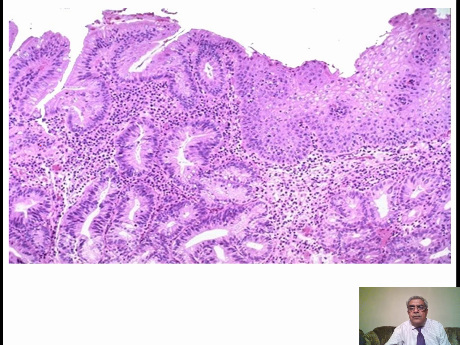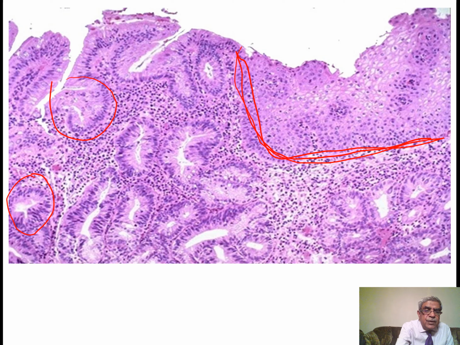Now again there is a photograph showing the stratified squamous epithelium of the esophagus, and then there is intestinal type of epithelium, and then there are glands which show stratification of the nuclei showing dysplasia.